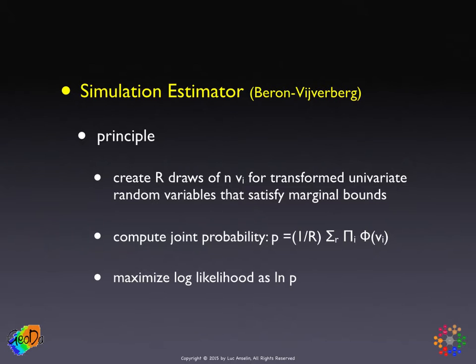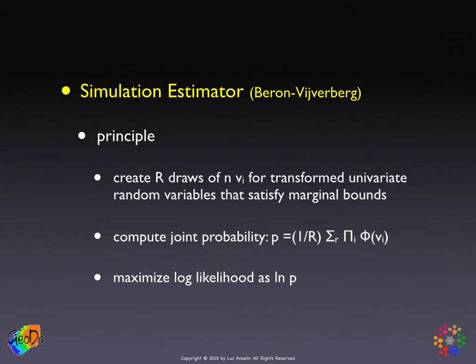Univariate distributions because we're going to transform the dependent v sub i's, the dependent normal random variables, into independent random variables by a transformation. And so after that transformation, we're back in business and can treat each of these as a univariate distribution, which is easy to sample from.